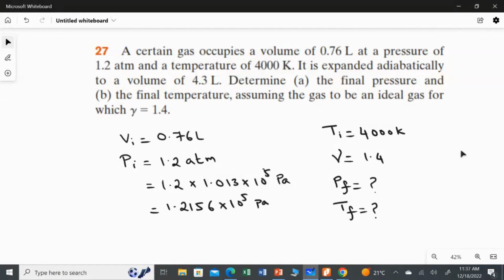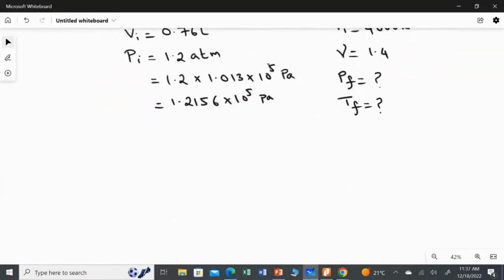So now I'm going to solve one by one. Before that, we have to recall the conditions for adiabatic processes. We studied two relations. One relates pressure with volume, and the second relates temperature with volume. So first I will write the equation relating pressure and volume. That means Pi Vi to the gamma equals Pf Vf to the gamma.